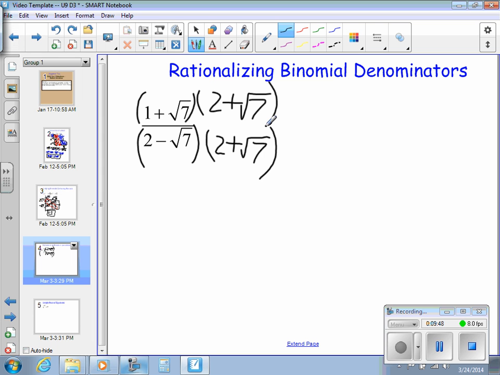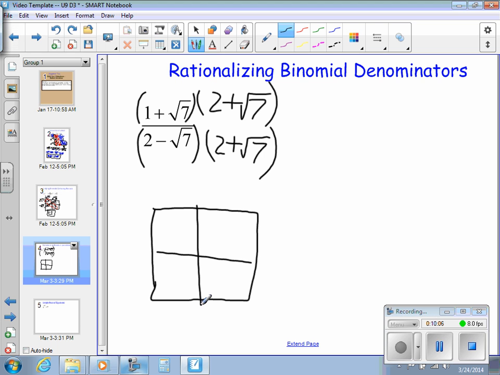And now it's just as simple as using the box and doing the multiplication. And yes, we're going to get to do it twice potentially here. So let's see. On the top, I've got 1 plus the square root of 7 and 2 plus the square root of 7.